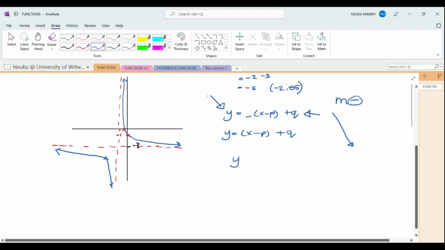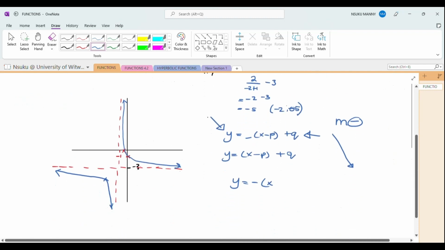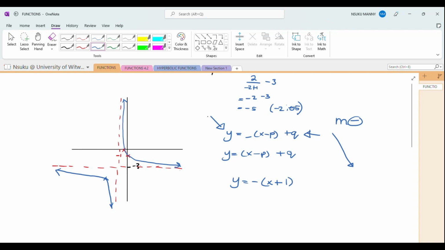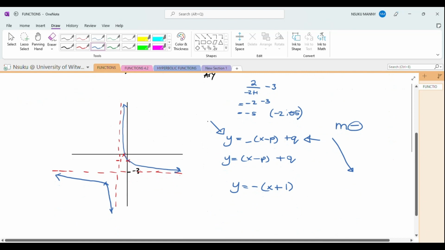So now we're going to say y is equal to negative x. What's our p? Our p was plus 1. We're going to write it as plus 1, sorry. And with our q, we're going to write it as minus 3, right?